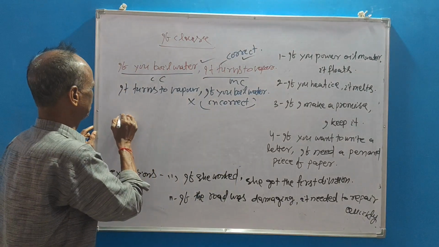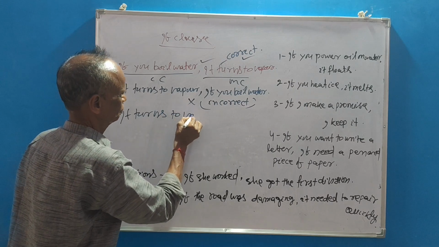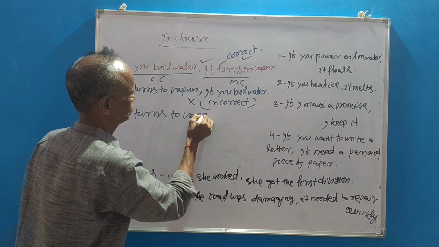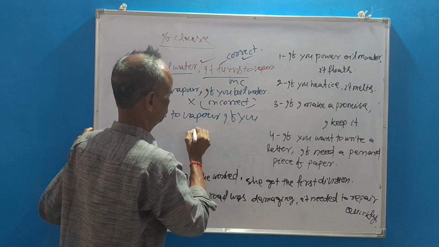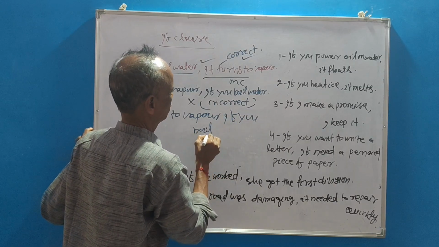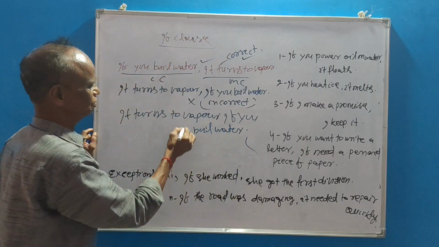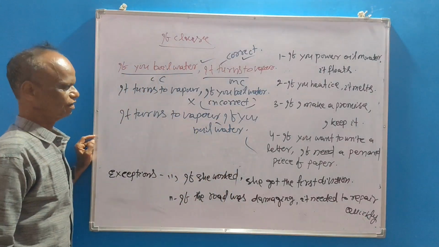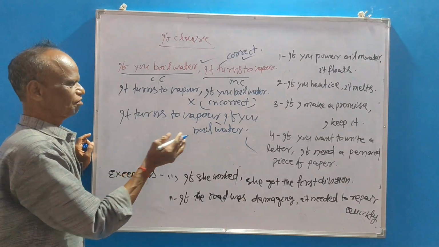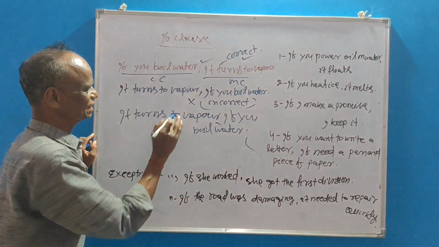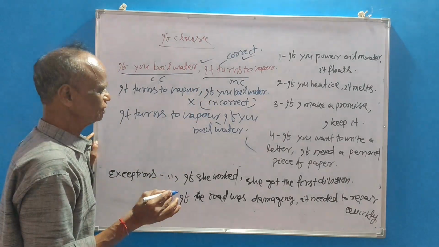If we write it turns to vapor if you boil water, it is correct because there is no comma. So when you write main clause before conditional clause, at that time comma is dropped. Comma cannot be used.